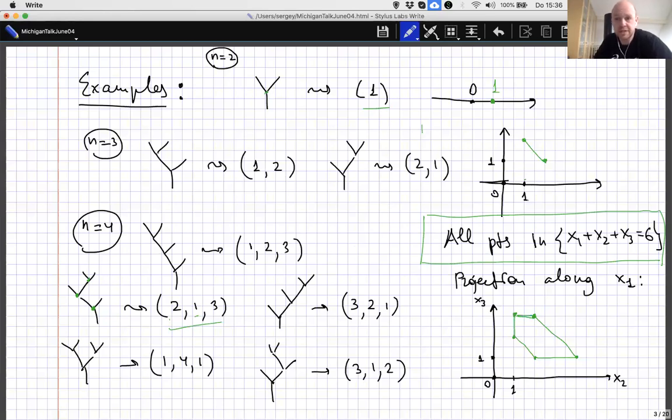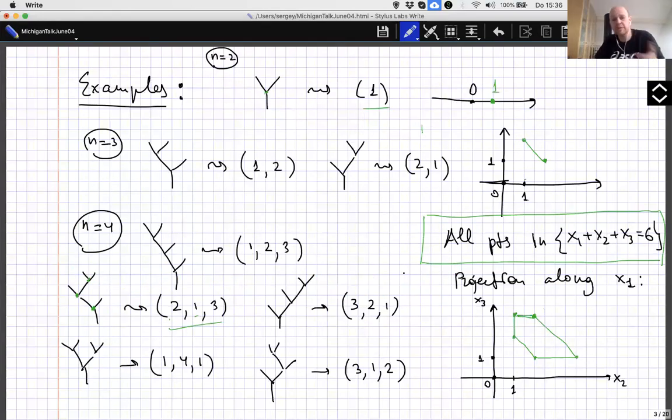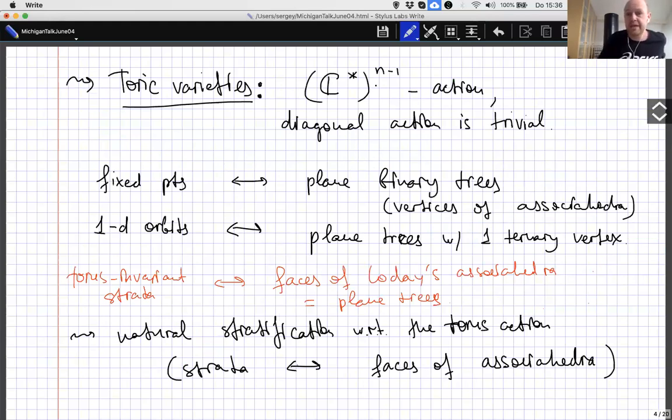I don't write it here, and I'm not going to study these in detail in this talk. The only thing I want to say is that once we have these integral polytopes, we can go further and construct the toric varieties for them. For purely dimensional reasons, I know that I get a (C*)^(n-1) action on these toric varieties.